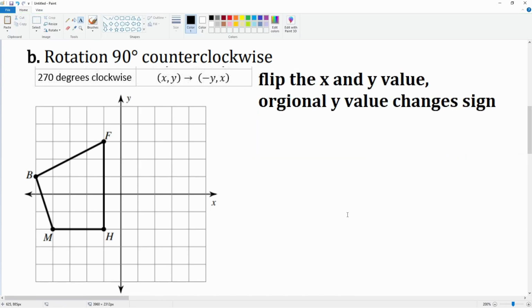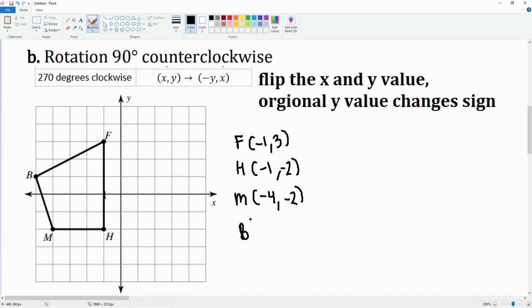Okay. All right, so let's just grab all the originals first. So F is -1, 3. H is -1, comma -2. M is right here, -4, comma -2.